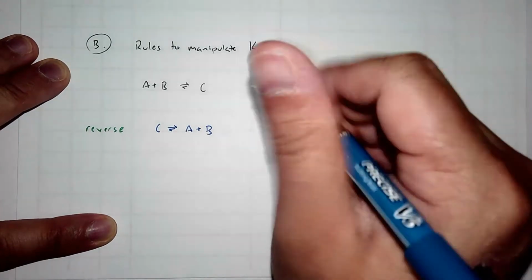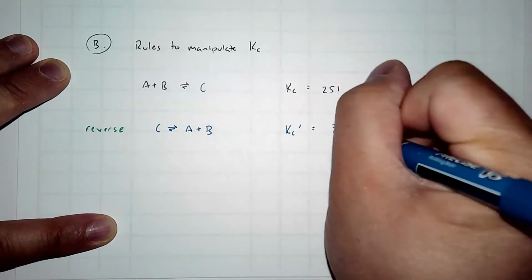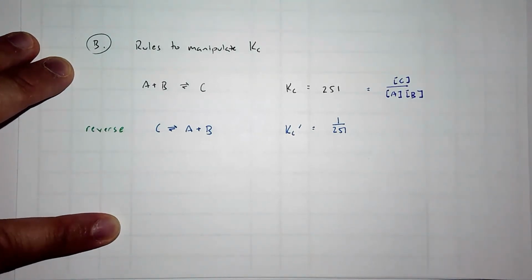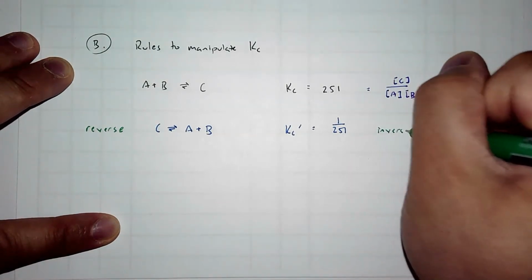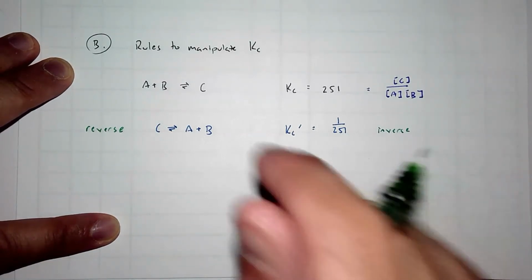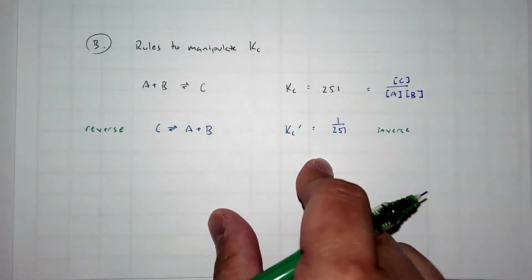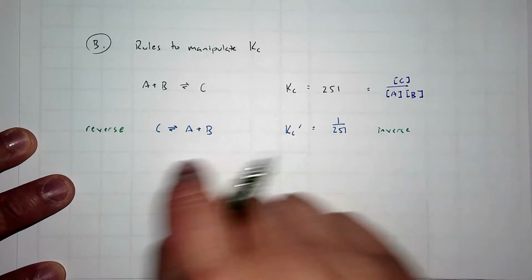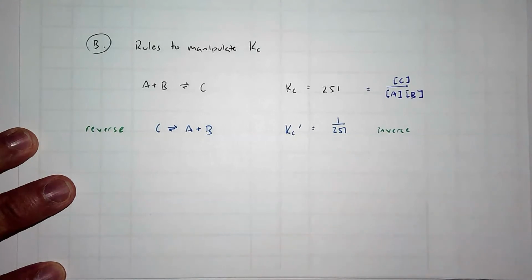The new Kc, we'll call it Kc prime, equals 1 over 251. So you keep track of these manipulations: you take the inverse. Real quick, for enthalpy, delta H, do you remember what happens when you reverse the reaction? The delta H changes by changing the sign, right? When you reverse the reaction, you take the opposite sign. But here you take the inverse.